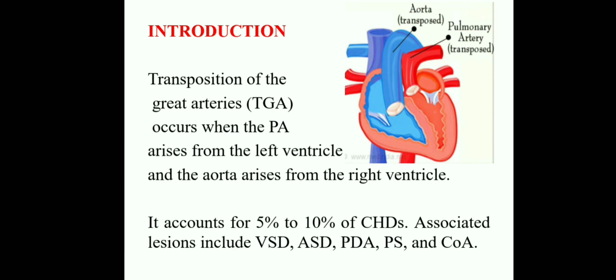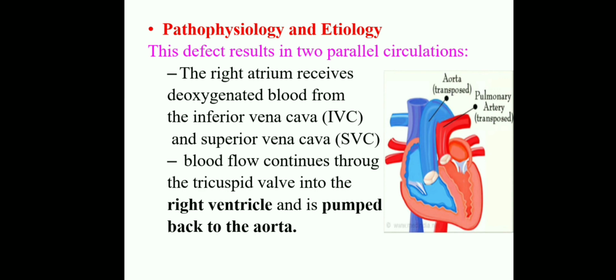Coming to the pathophysiology, this defect results in two parallel circulations, the systemic circulation and the pulmonary circulation. The systemic circulation rises from the left ventricle to the aorta, but the pulmonary circulation starts from the right ventricle to the lungs through the pulmonary artery.